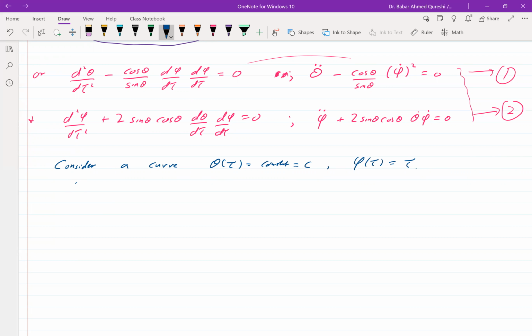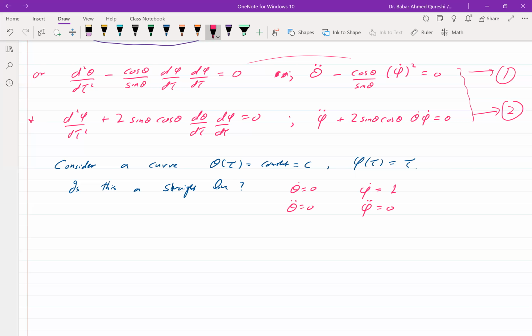And the question is, is this a straight line? In this situation, I have phi dot is equal to 1, phi double dot is 0, theta dot is 0, theta double dot is 0.